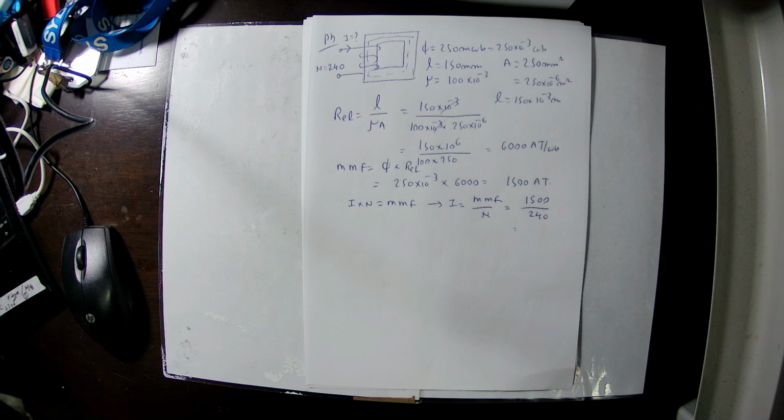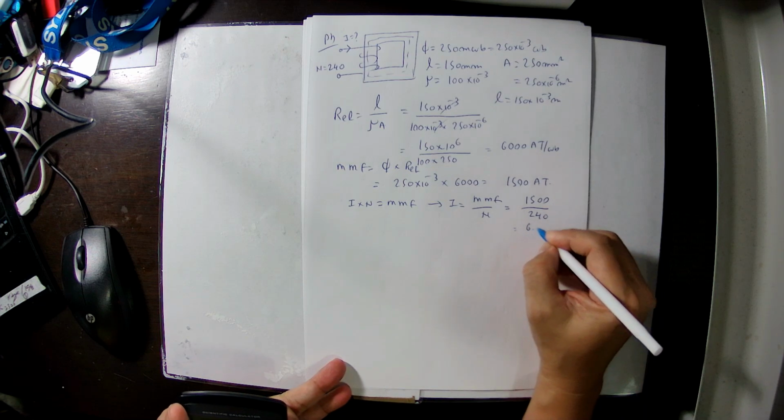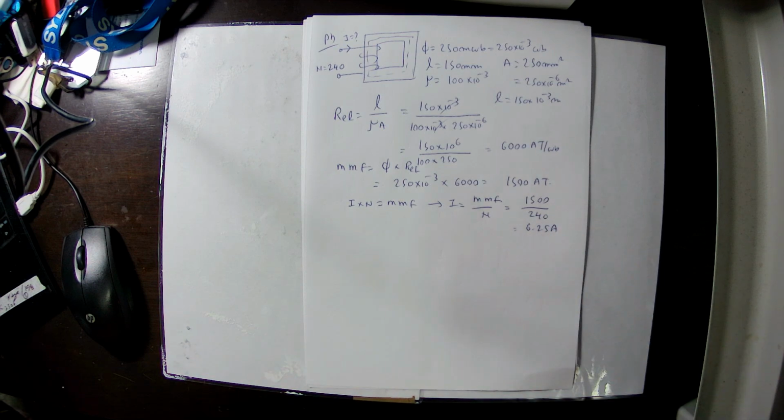Current equals 1500 divided by 240, so 6.25 ampere. This is the way we calculate the current, 6.25 ampere.